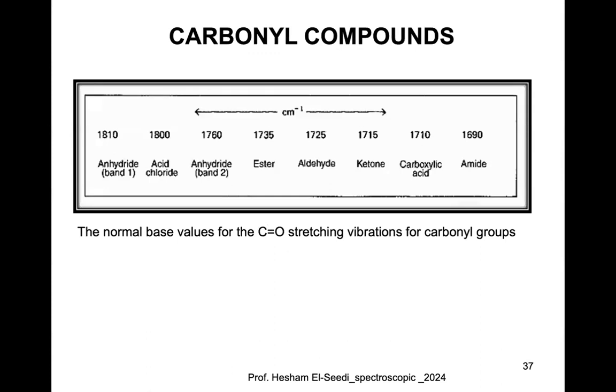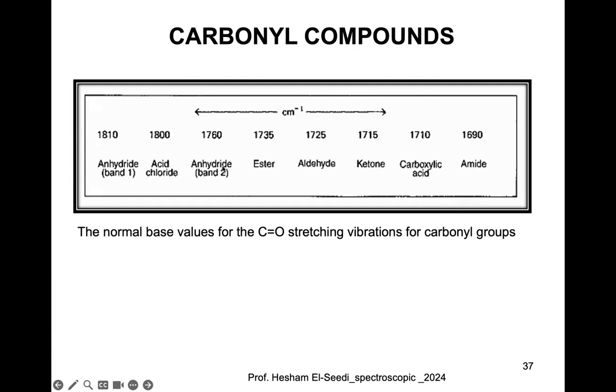Yes, now it comes to the carbonyl group. It is characteristic because it gives a sharp peak between 1690 to 1810. This is a very characteristic region for carbonyl, because it gives a sharp peak only in the region shown in front of you. Then if it started with amide, carboxylic, ketone, aldehyde, ester, anhydride, acid chloride.